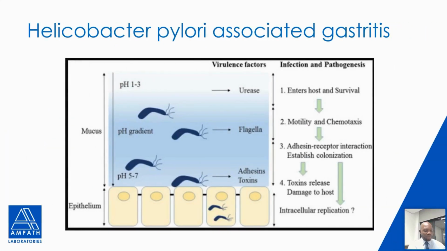I think I will just touch briefly on this. Most of us have gone through this, whether in an undergraduate or postgraduate program, where we discuss the pathogenesis of Helicobacter pylori associated gastritis, which is a bacteria that would proliferate in the stomach, and its pathogenicity is through its having the gene urease and the flagella, which allows it to attach to the mucosal cells, and the toxin that it also produces.